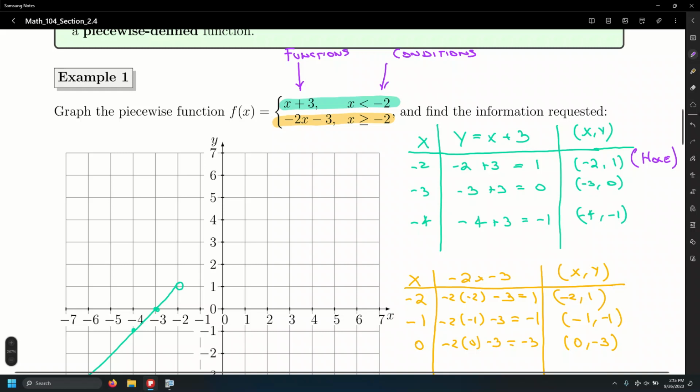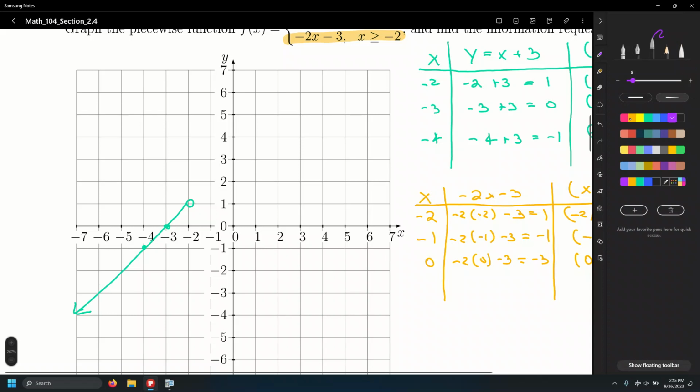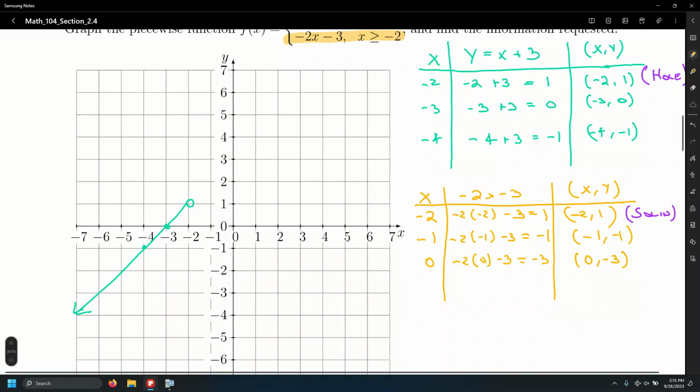The equal means including. This is not going to be a hole anymore. This is just going to be a solid point, just like the other points. Let me use the same color. That's going to be the point negative 2, comma 1. Actually, that hole gets filled by the solid point from the second part of the piecewise function.